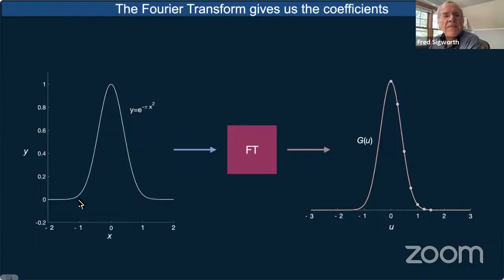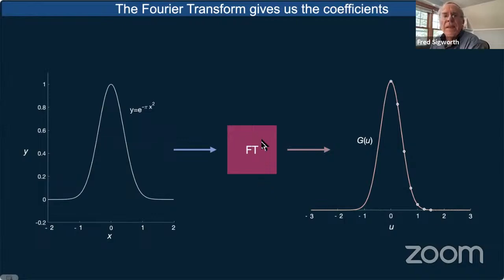So if I have my Gaussian function and I give it to my computer and ask what is the Fourier transform, then out comes another function that I'll call g of u. So this is a function of spatial frequency, and these output values are actually the values I use to scale the cosine functions that I showed you before.